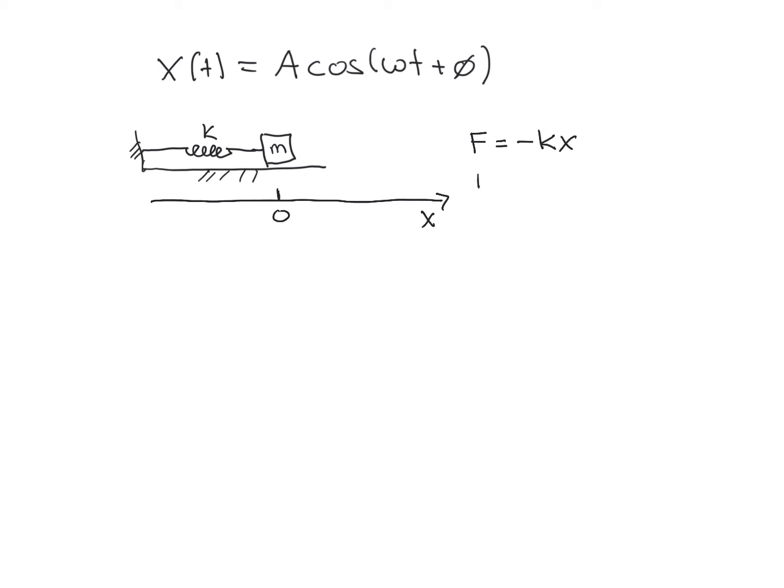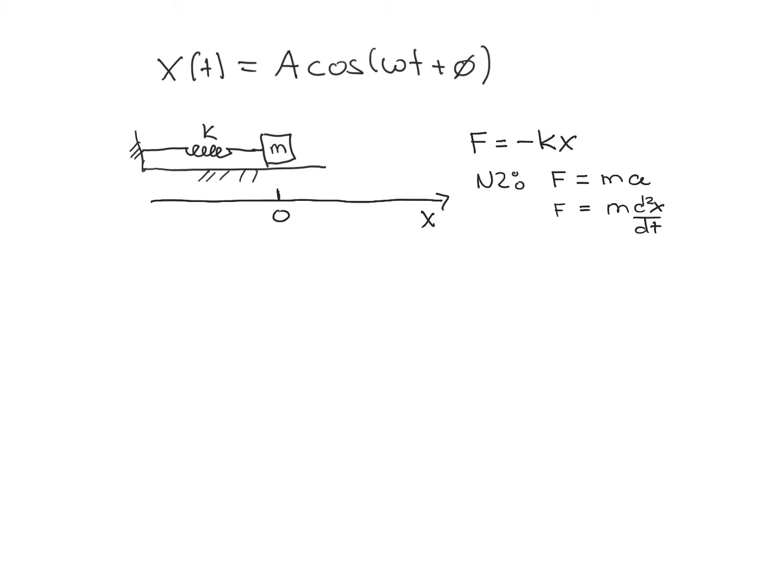And now let's consider what Newton's second law has to say about all this. Newton's second law says that the force that is exerted on the mass in the horizontal direction must be equal to the mass times its acceleration. And of course, we can write the acceleration as the second derivative of the position with respect to time.